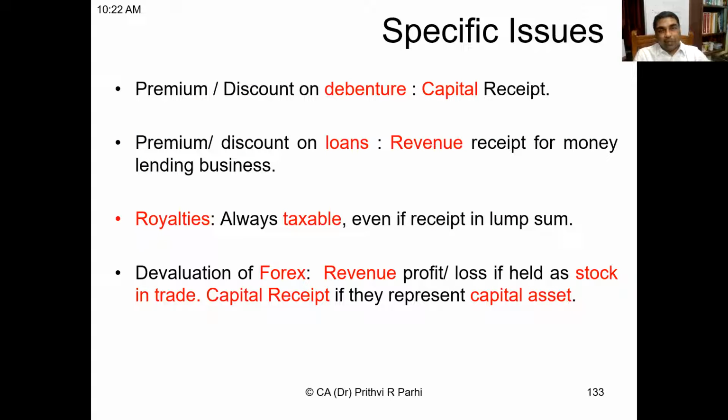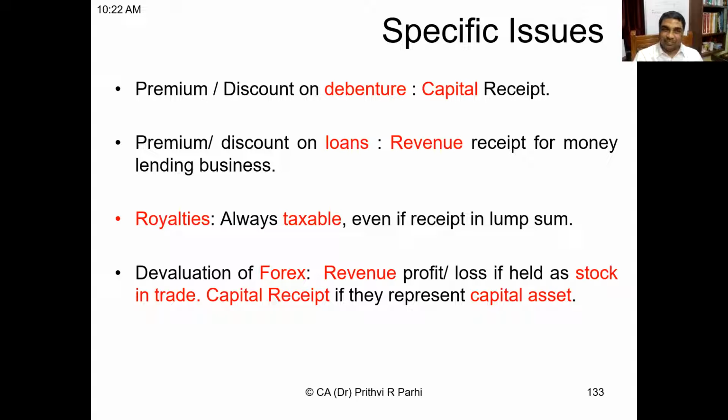Then friends, premium or discount on debentures. You know, companies issue debentures and bonds as a component of their capital structure. So if some premium is received on these debentures, or discount is earned on redemption of debentures, they are capital receipts, because this particular transaction is basically an investment transaction.